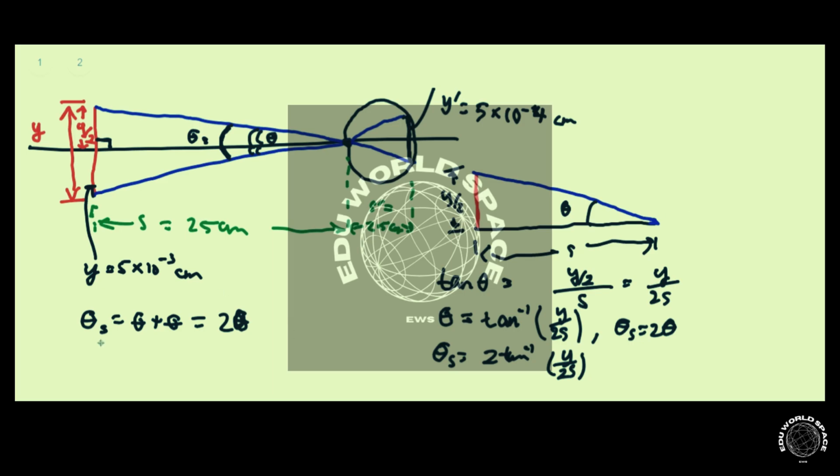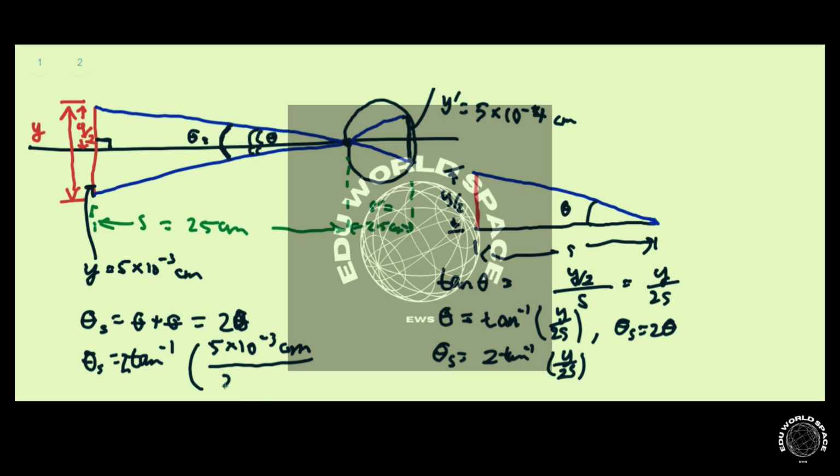Okay, so now we have a formula for finding the angle that's subtended by the eye. And what we do now is literally just plug in the numbers. So you can do this in your scientific calculator. y we know is 5 times 10 to the minus 3. We solved for this in part A. So that's centimeters. I forgot a 2 over there.